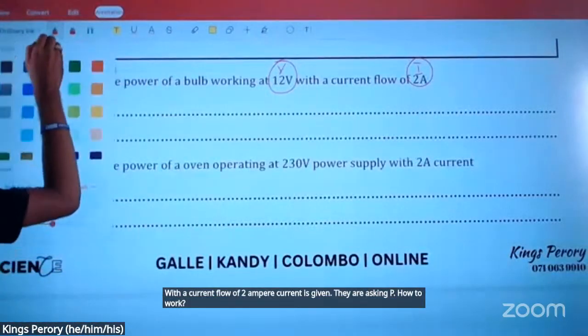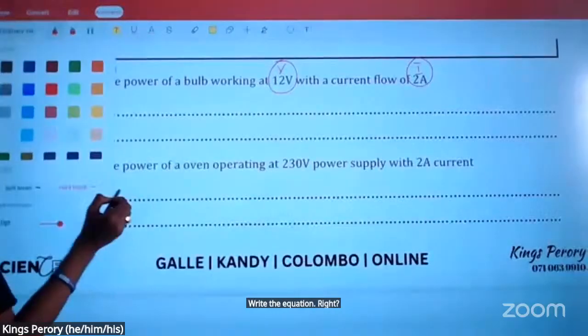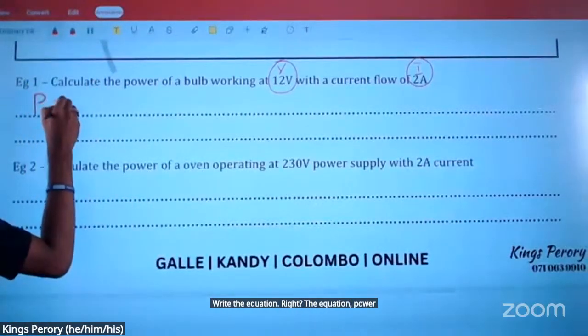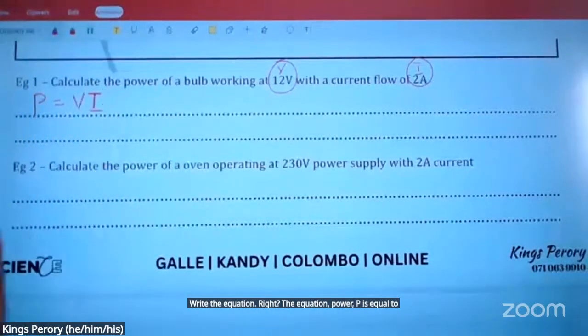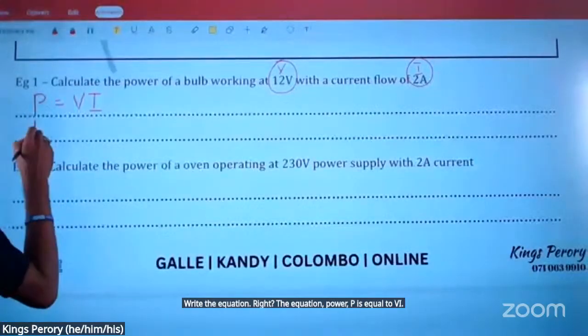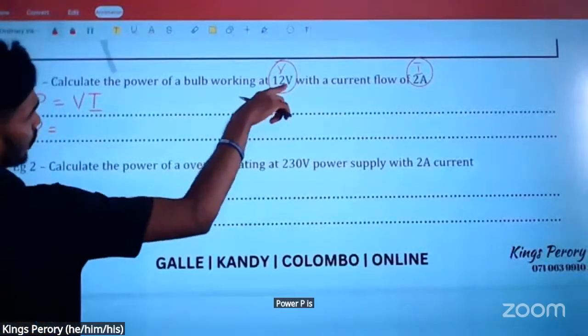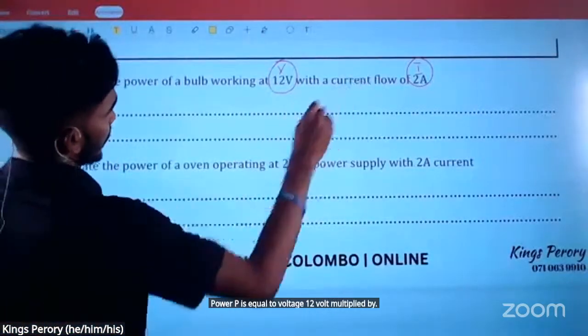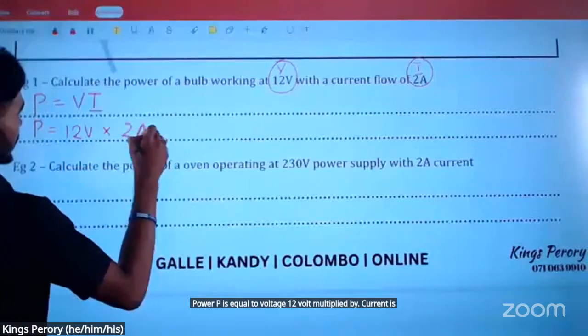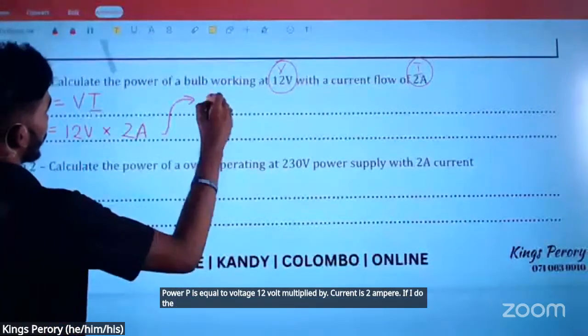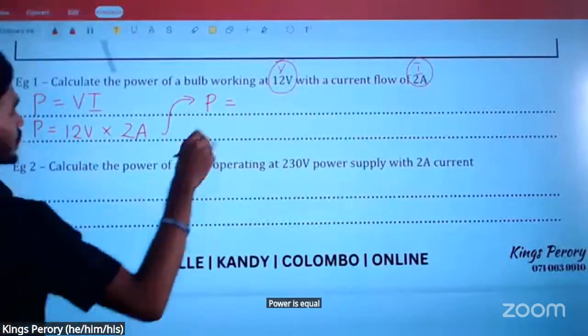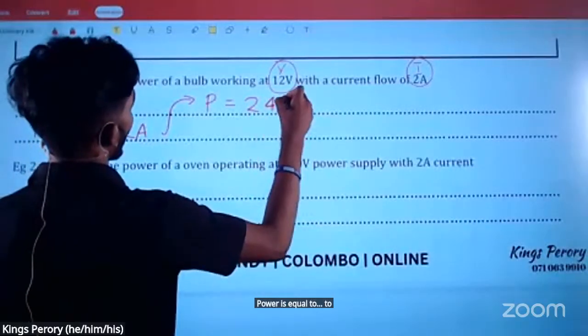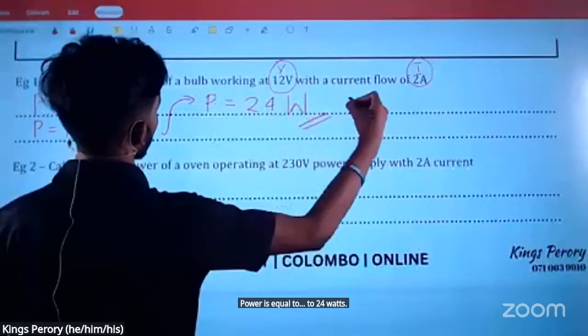Write the equation. Power P is equal to VI. Power P is equal to voltage 12 volt multiplied by current 2 ampere. If I do the math there, power is equal to 24 watt.